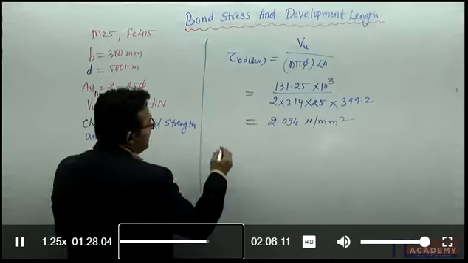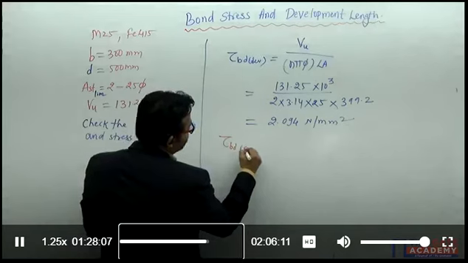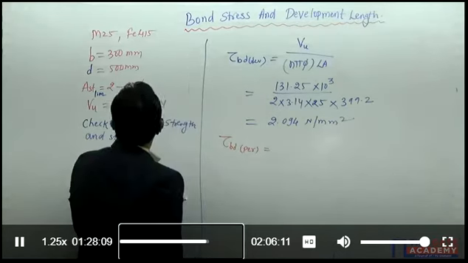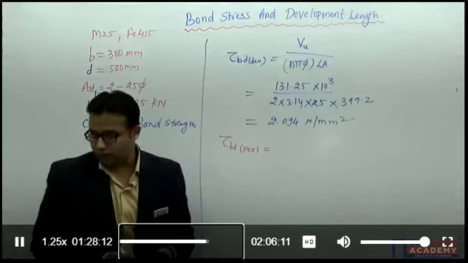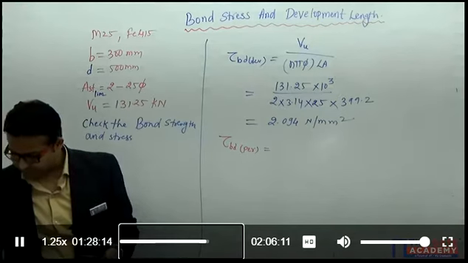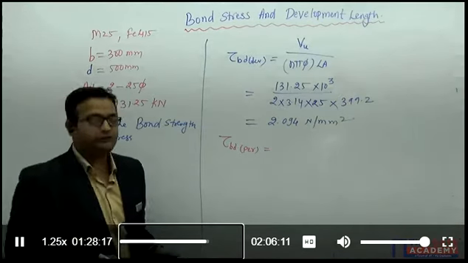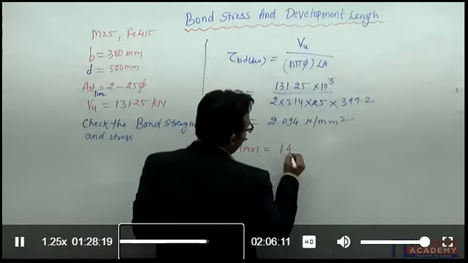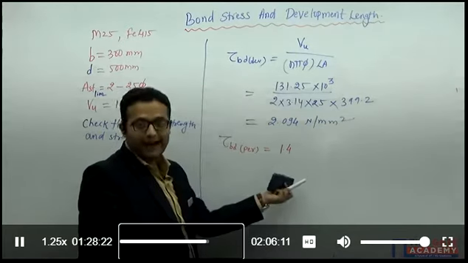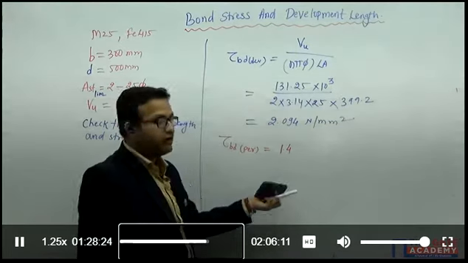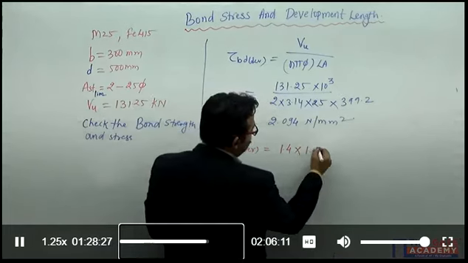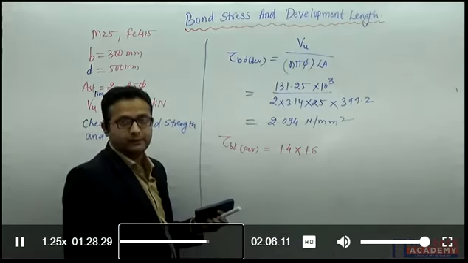Given in the IS code, I know tau bd permissible for M25 is 1.4, but it is for mild steel. I have provided Fe415, so here I need to increase this strength by 60%.